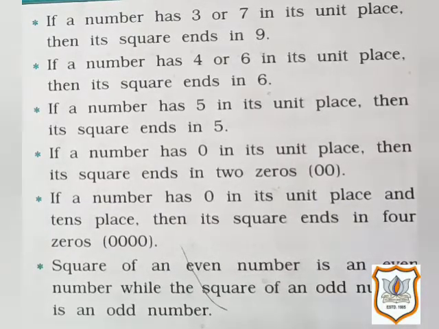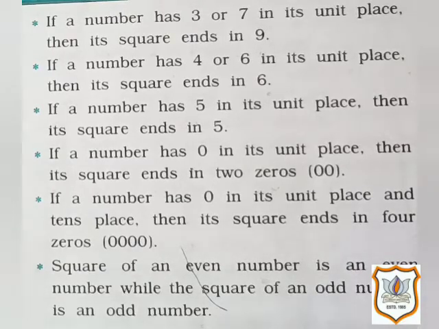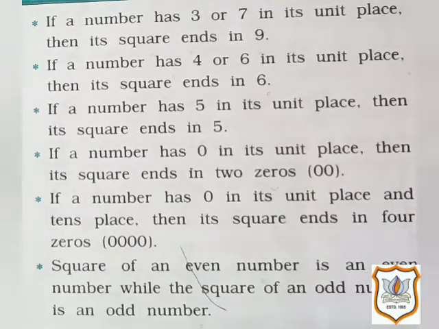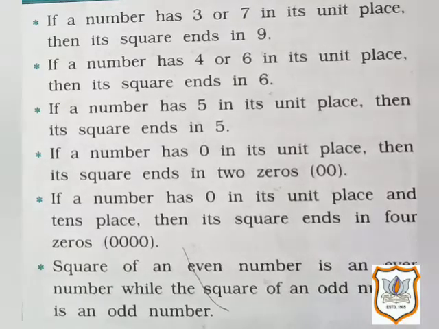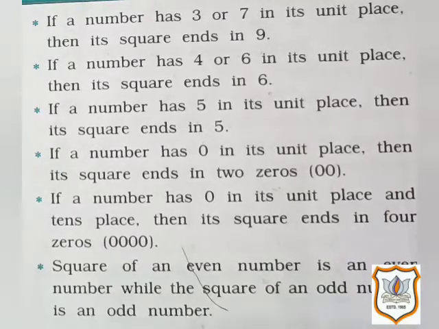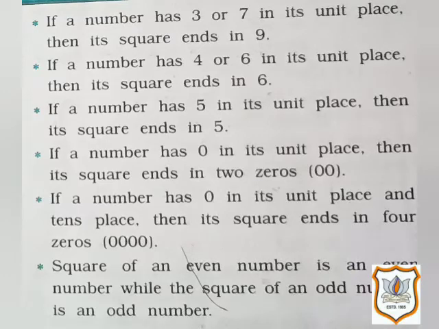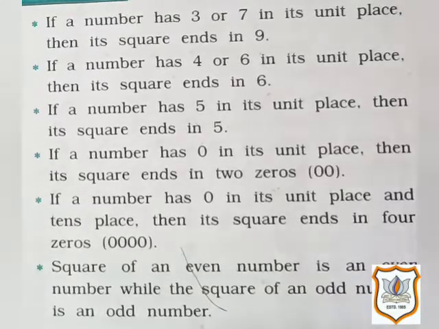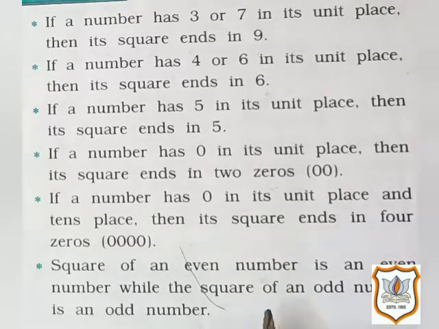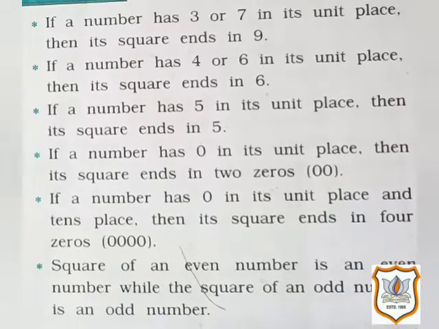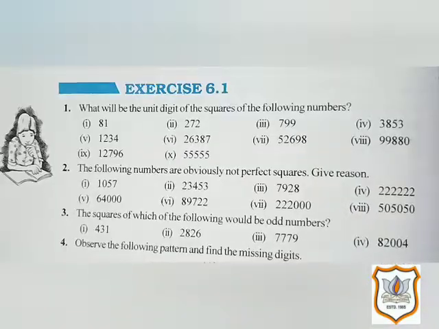And 3 is an odd number and the square of 3 is 9, and 9 is also an odd number. And 7 is an odd number and the square of 7 is 49, and 49 is also an odd number. So students, this is clear. The square of an even number is an even number and the square of an odd number is an odd number.